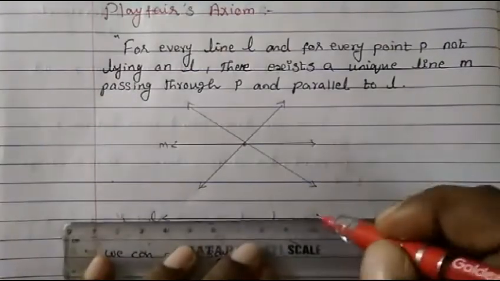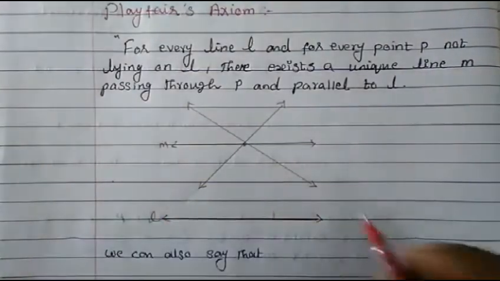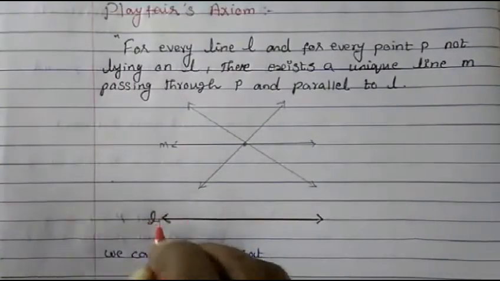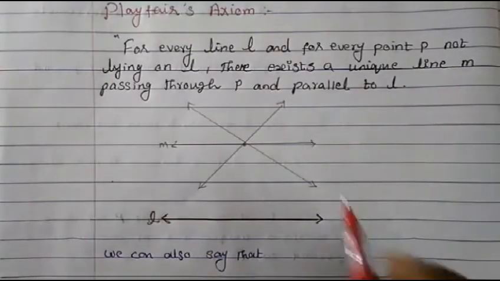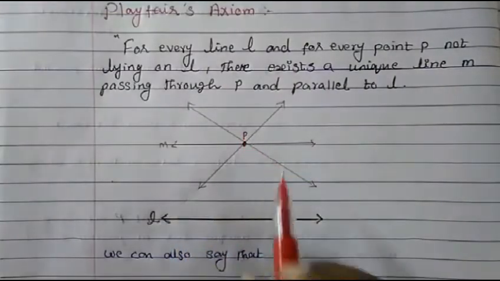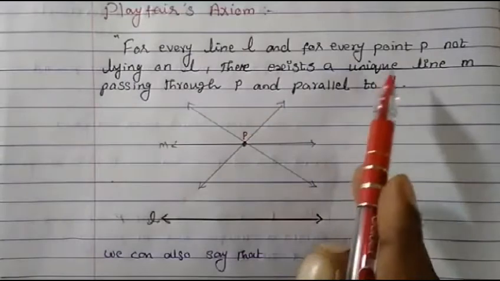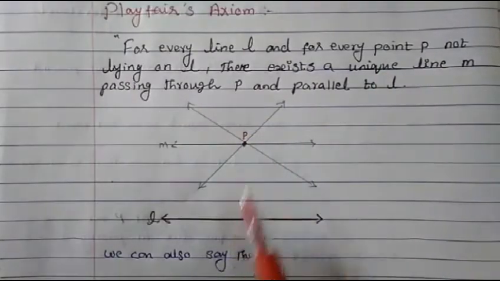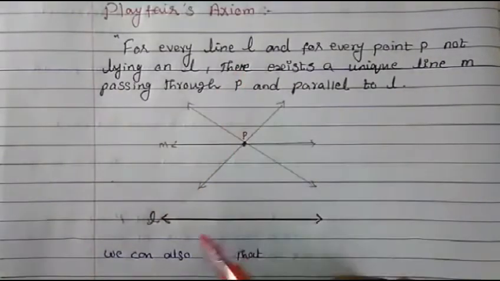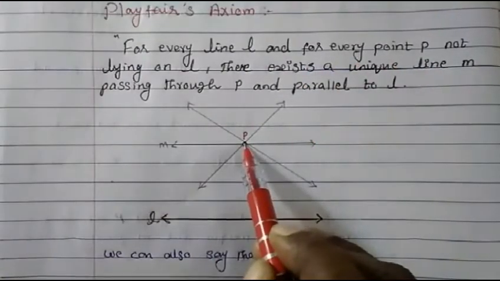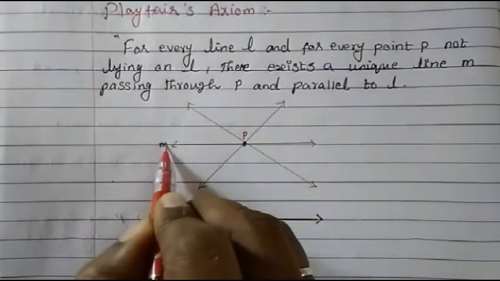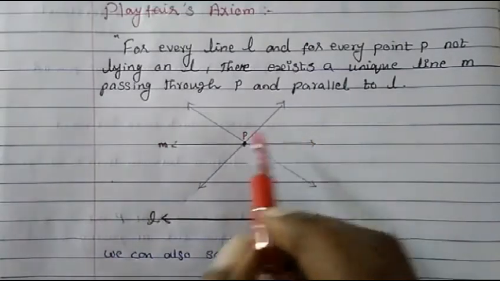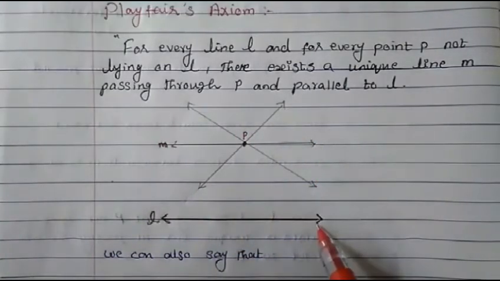So this is your line L. For every line L and for every point P, so here you have a point P. For every line L and for every point P not lying on L. So this point P is not lying on L. It is outside the line L. So there exists a unique line M passing through P and parallel to L.